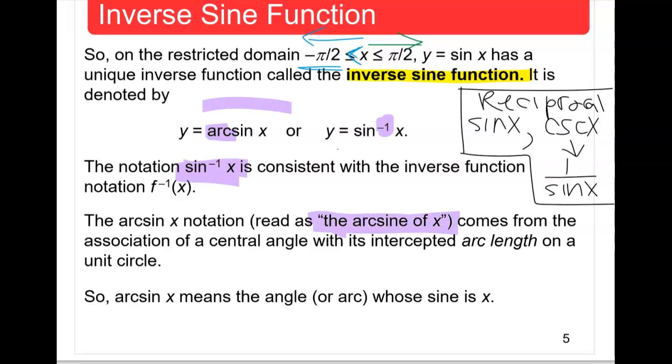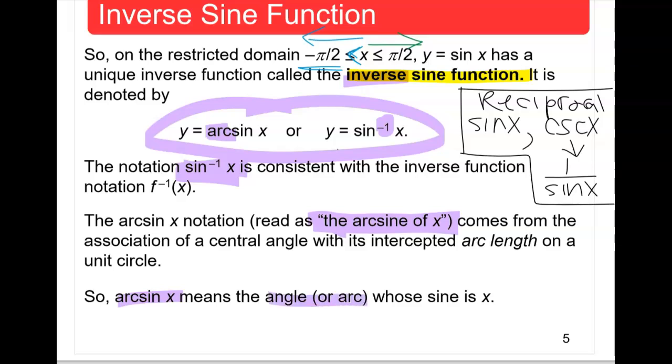Both notations imply the same thing, the inverse sine function. The term arcsine comes from the association of the central angle, as we discussed at the beginning of the course, with its intercepted arc length on a unit circle. So arcsine means the angle or the arc whose sine is x.